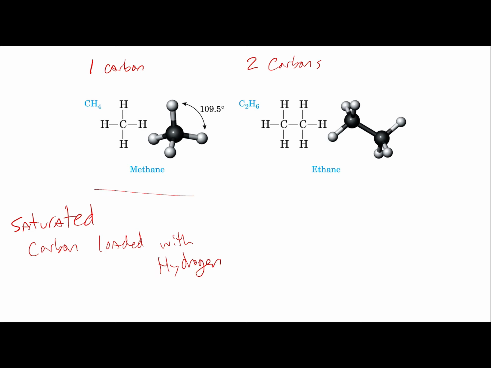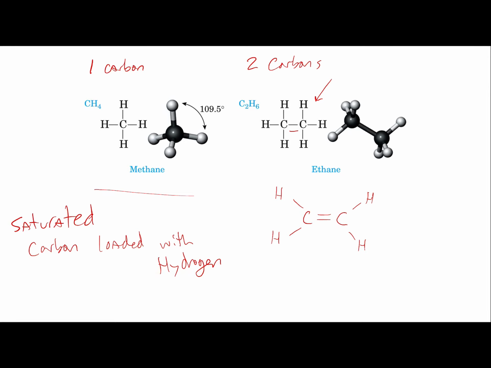Just to show you how we can start to not be saturated, let's take a look at the two carbon alkane. Again, we see the single bond in between the two carbons. If this wasn't saturated, it wouldn't be able to hold the maximum number of hydrogens, which in this case is 6. Each carbon can hold 3 hydrogens because its fourth spot is used up bonding to the other carbon. If I was to draw a carbon with a double bond between the two carbons, this only allows each carbon to hold 2 hydrogens.